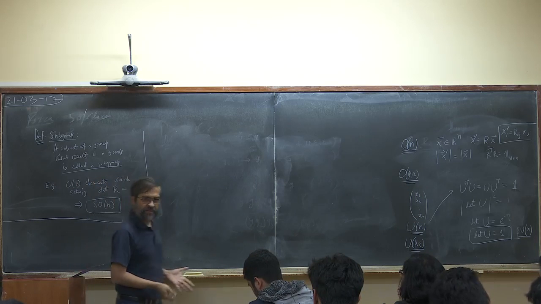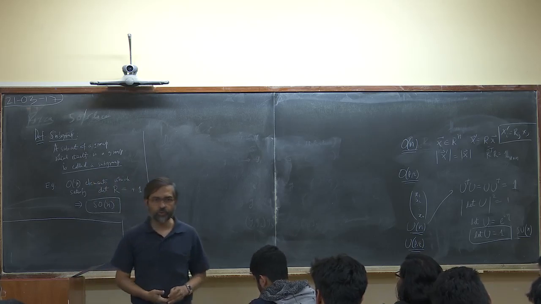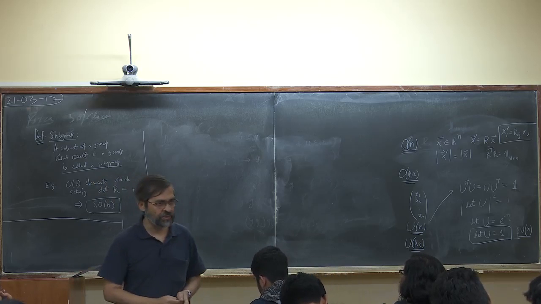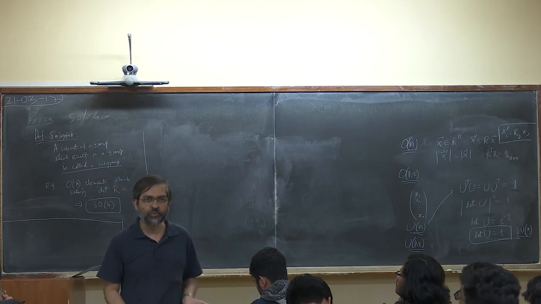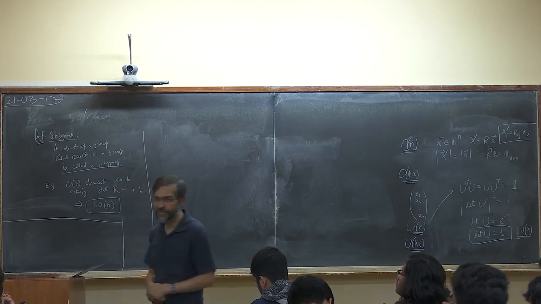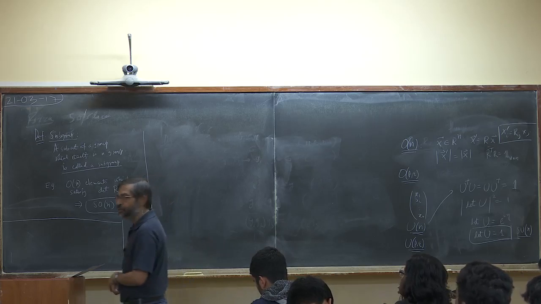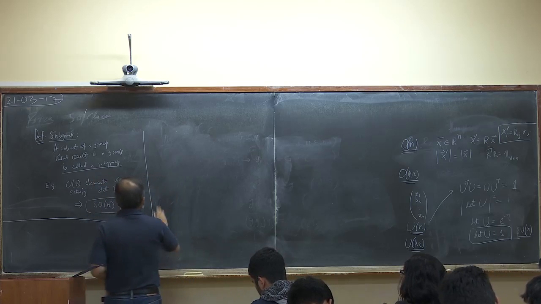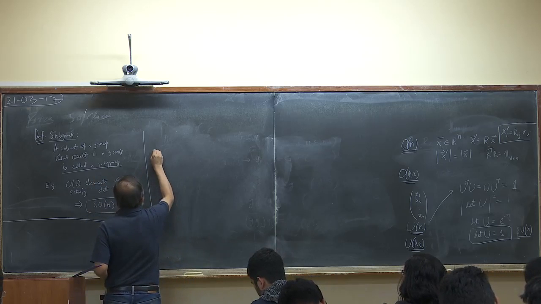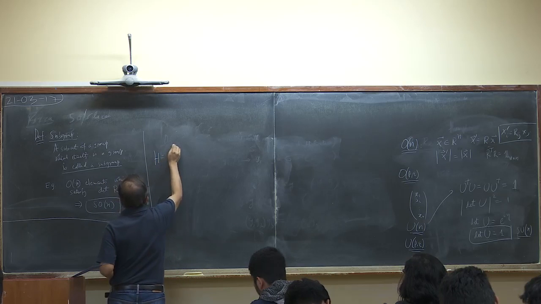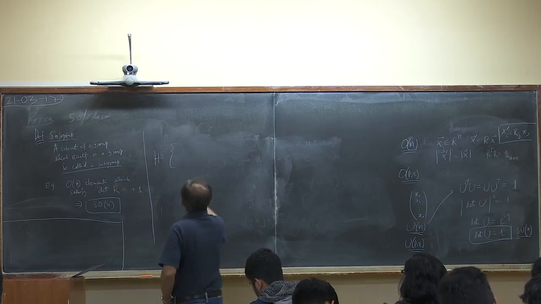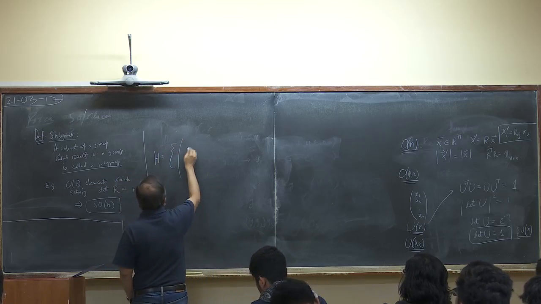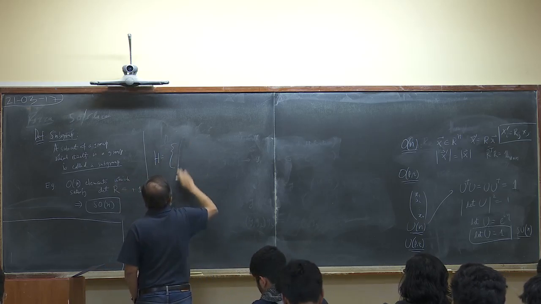What I'm discussing is that O(2) is a subgroup of O(3). You can immediately generalize this to O(N-1) is a subgroup of O(N). But first let's see how O(2) is a subgroup of O(3). Let's define the following group elements which look as follows.